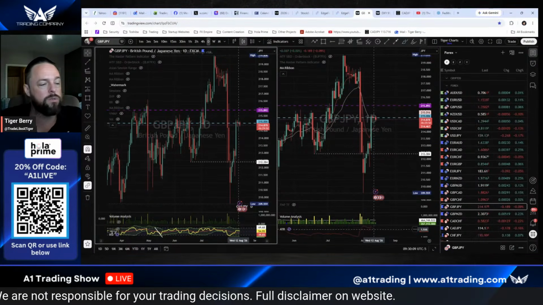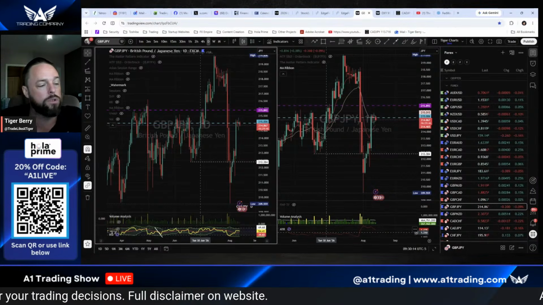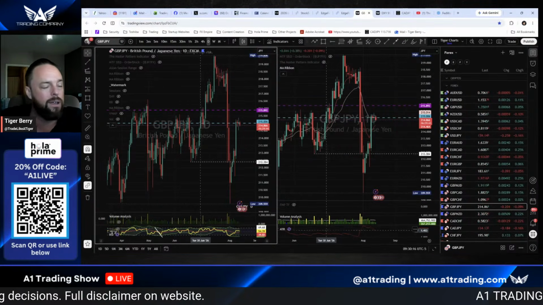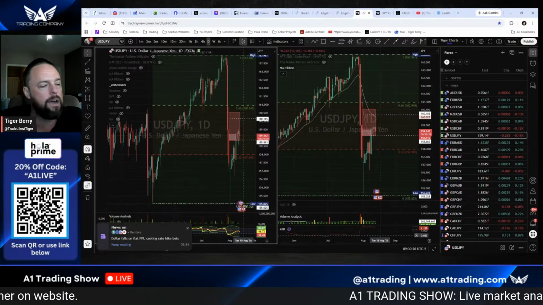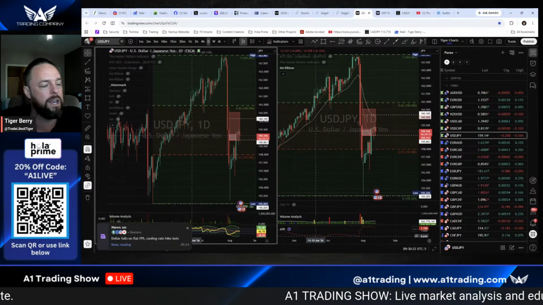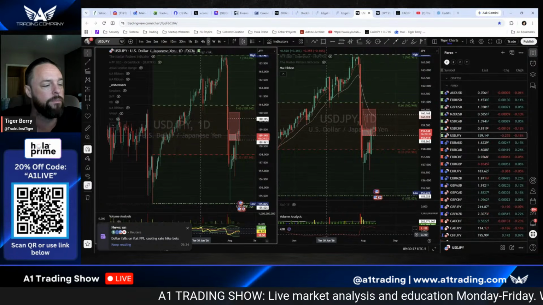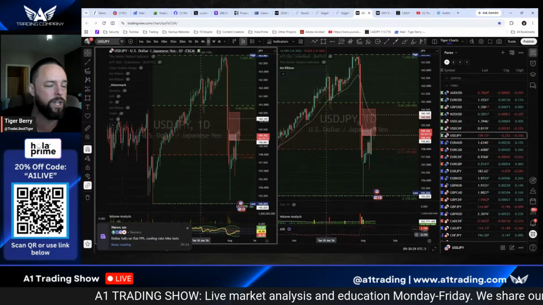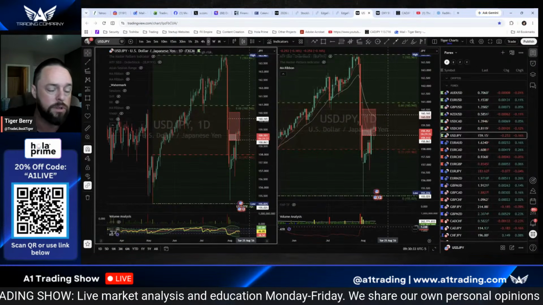So when this average true range starts to balance out and come down, closer to where we were in June, July, same thing with dollar yen, then I'll be a little more interested. Average true range is really going to help me know when I can start looking for some buys or sells on this stuff. Dollar yen was around 70, 75 pips on average, and it's currently at 115 pips. So you see what I'm saying?